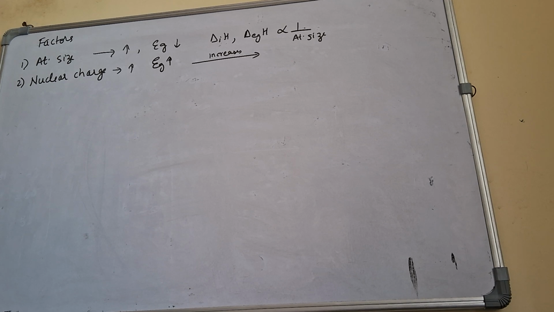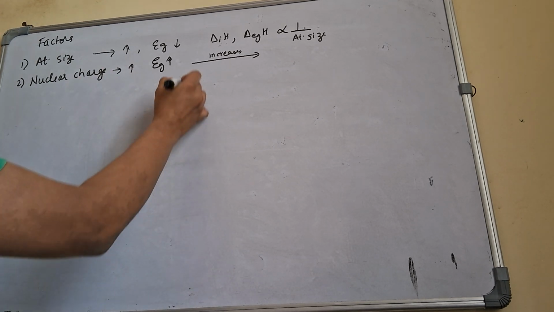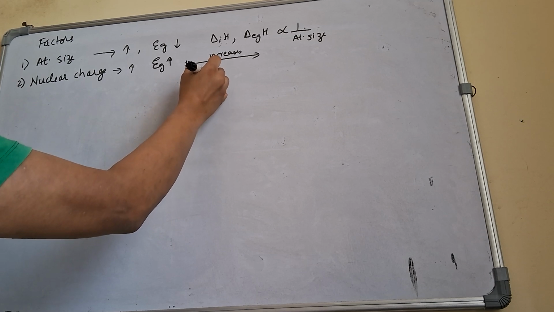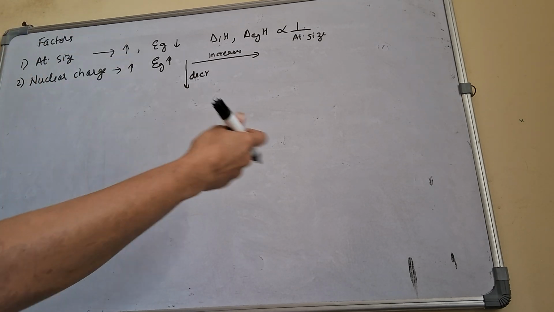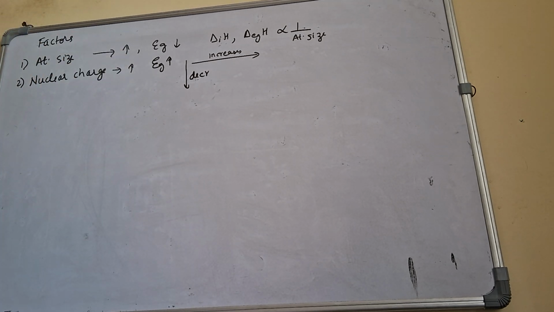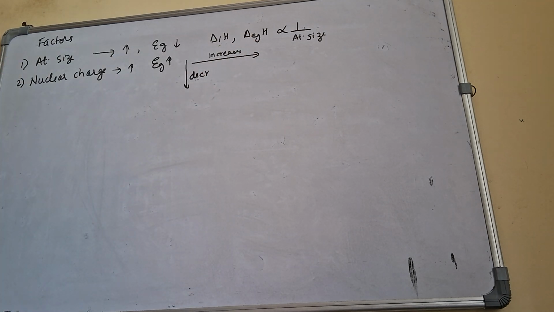Therefore, it's easier to hold the electrons, and they give out more energy. And it decreases down the group. Whatever increases here will decrease here; the trend is opposite. The reason is that as you go down the group, an extra shell is added, so the atomic size is more. If you are adding an electron, it's difficult for the nucleus to hold that newly added electron.